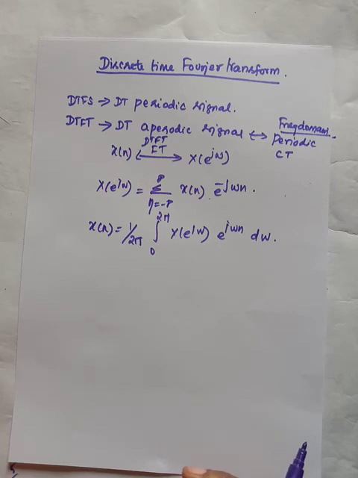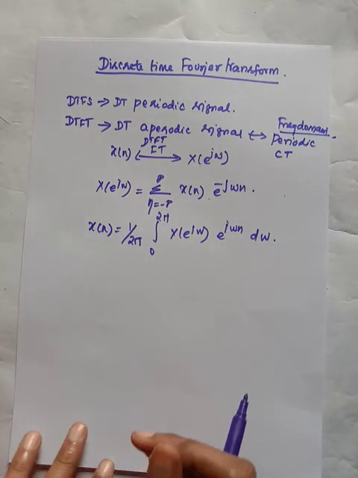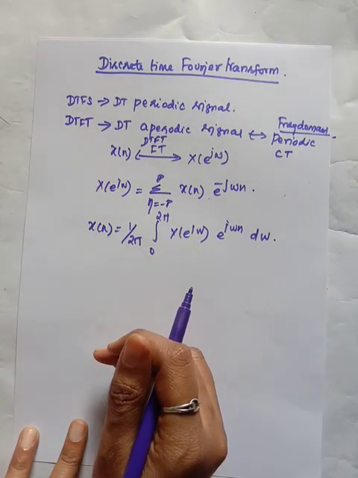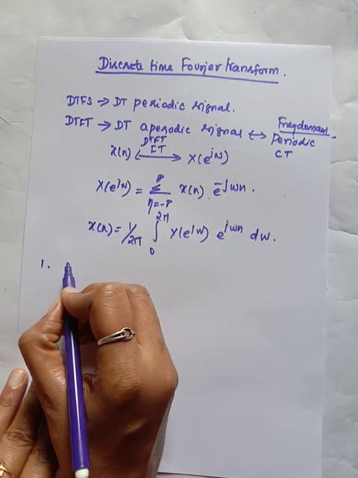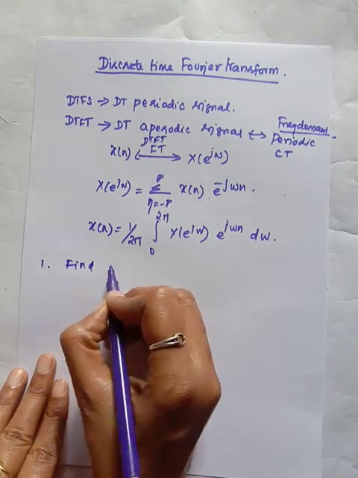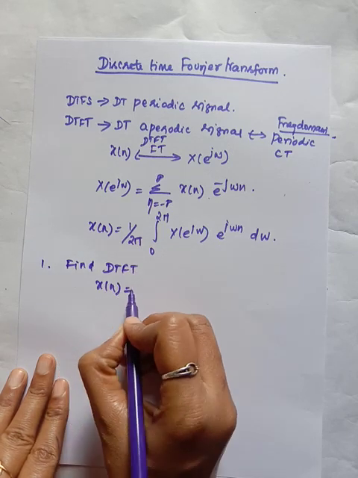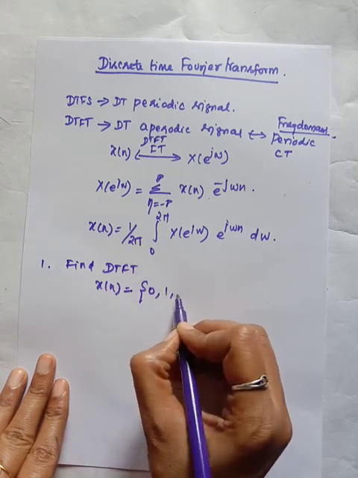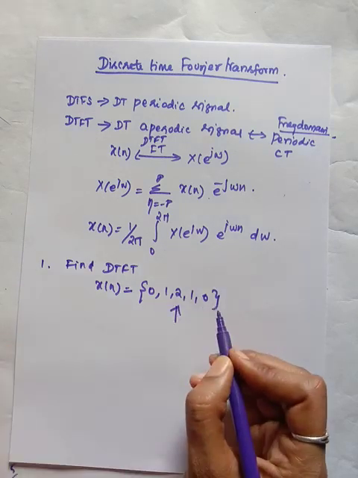Next we will see, sorry, we will see directly the problem solving. First problem: we are going to find the DTFT for the given signal x of n equal to 0, 1, 2, 1, 0. We know that this is a discrete time signal.